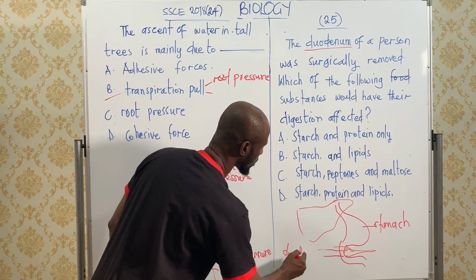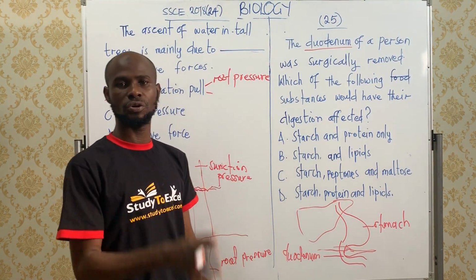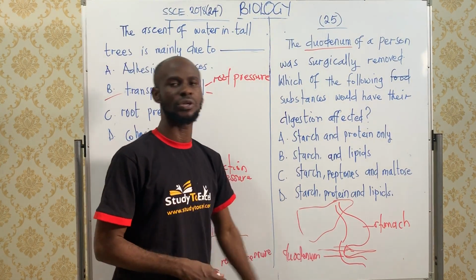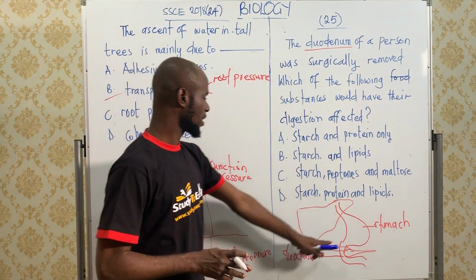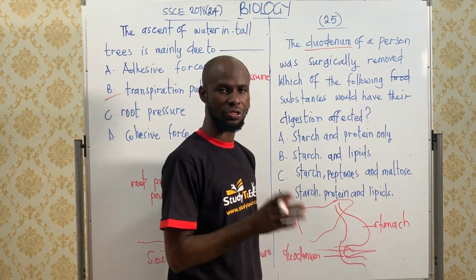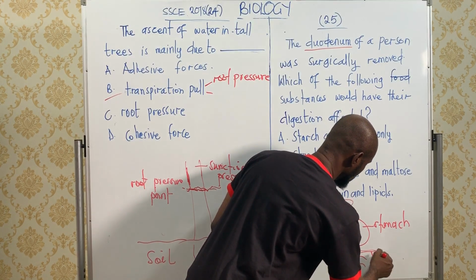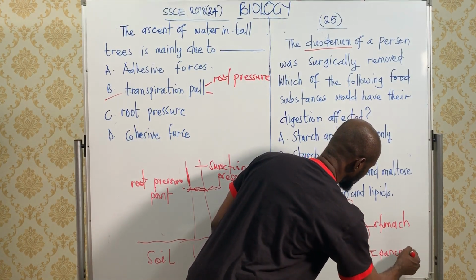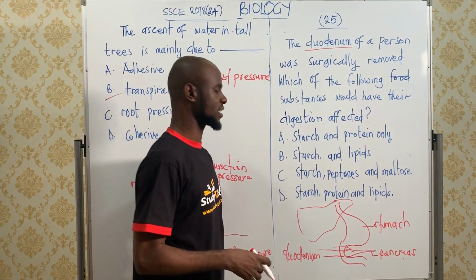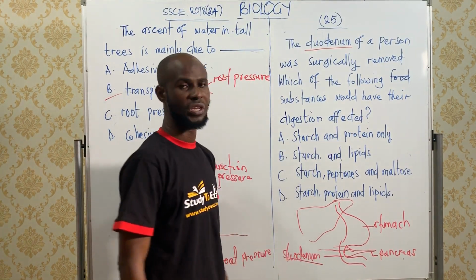Now, all the three classes of food will be inside the duodenum, and the structure that secretes enzymes that act on all the three classes of food is called the pancreas. The pancreas secretes the enzymes that act on all the three classes of food at the duodenum.